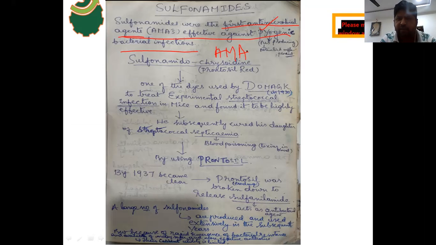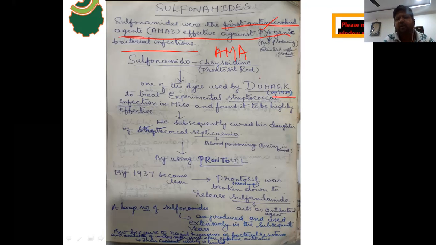So I will repeat, sulfonamides were the first antimicrobial agents found to be very effective in pus-producing or pyogenic bacterial infections. The history of sulfonamides begins in 1930.